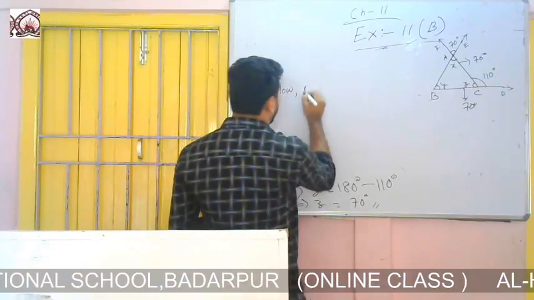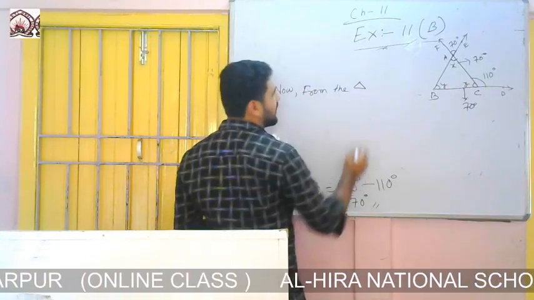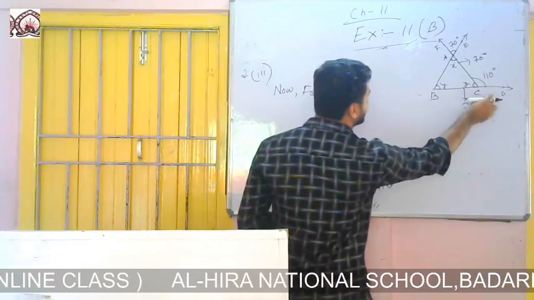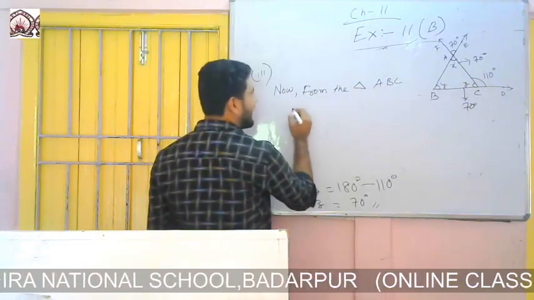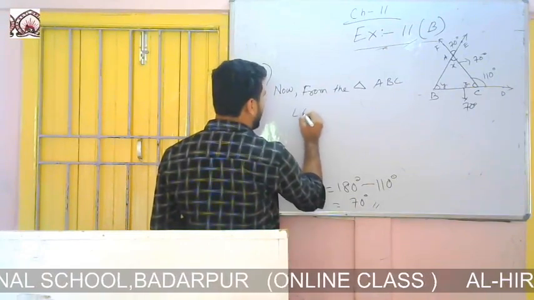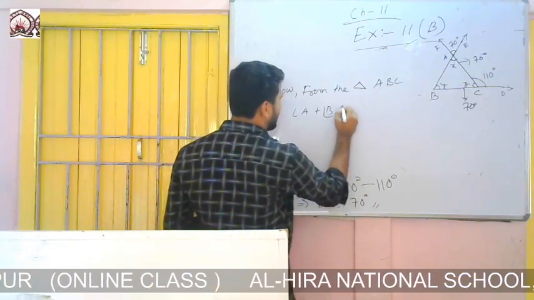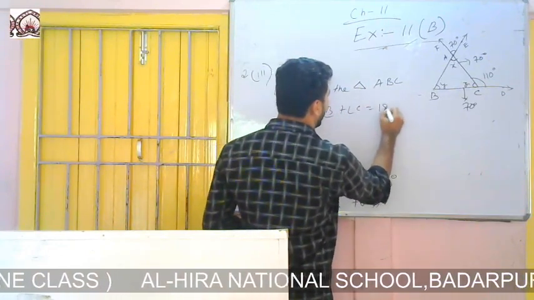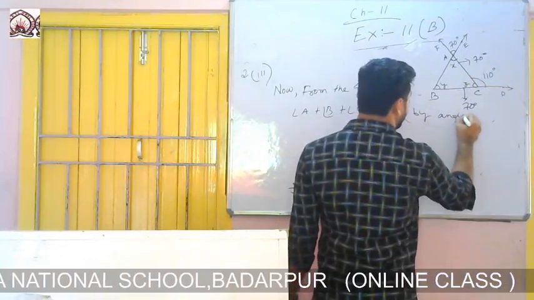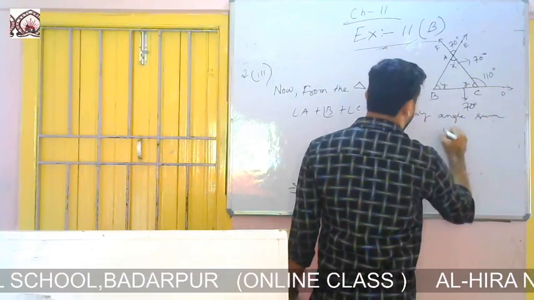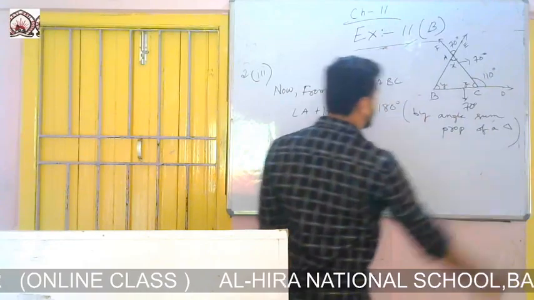Now from the triangle ABC, we have angle A plus angle B plus angle C equals 180 degree, right, by angle sum property of a triangle.